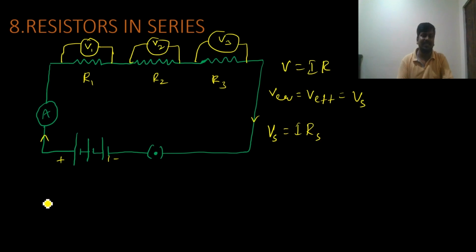For resistor 1 we can take V1 equal to IR1.